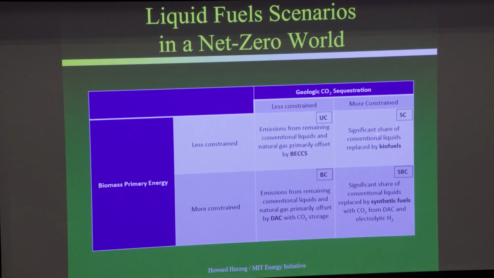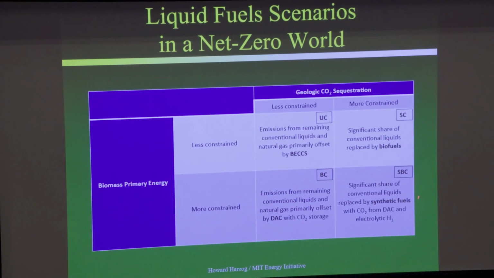Now, if our geologic sequestration is constrained, then in this quadrant we see biofuels coming to the fore, using the biomass directly as biofuels. And then here, if both biomass is constrained and geologic storage is constrained, then we see these synthetic fuels, what they call e-fuels.